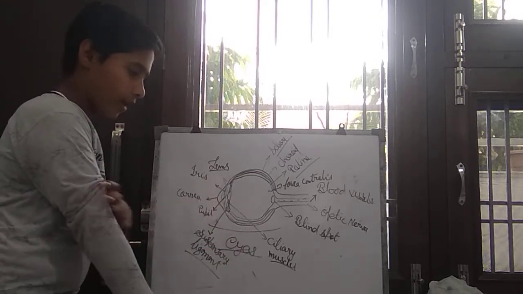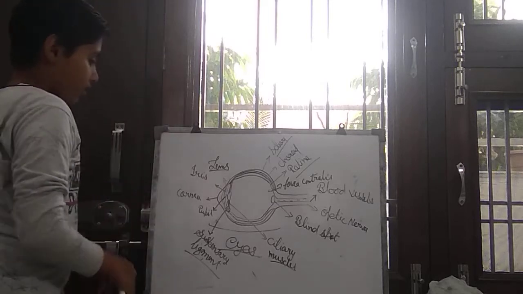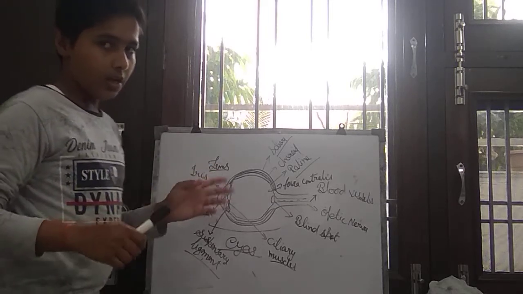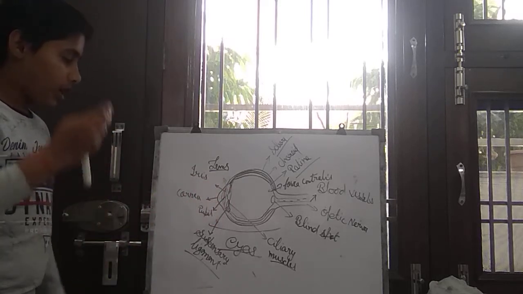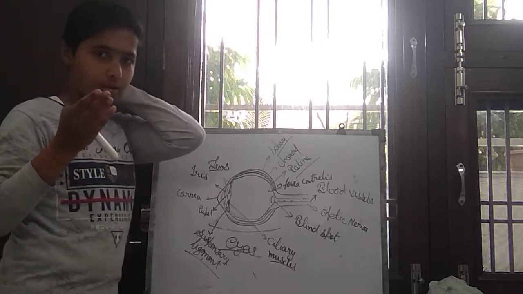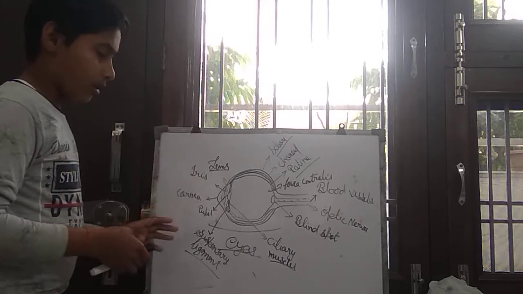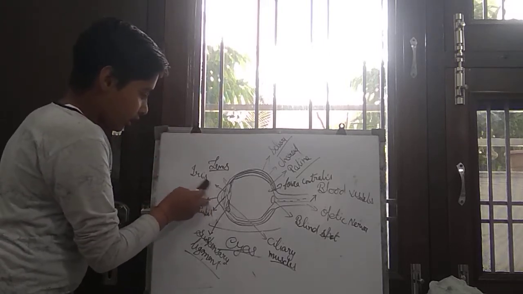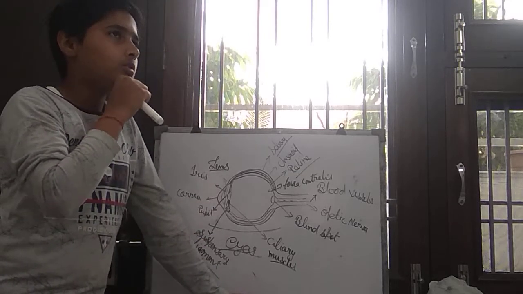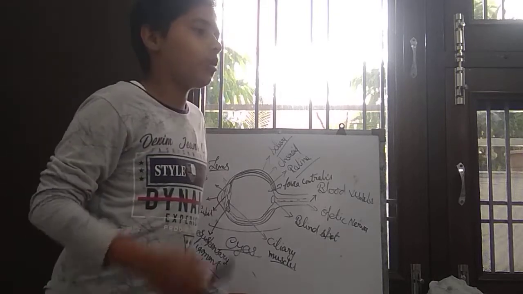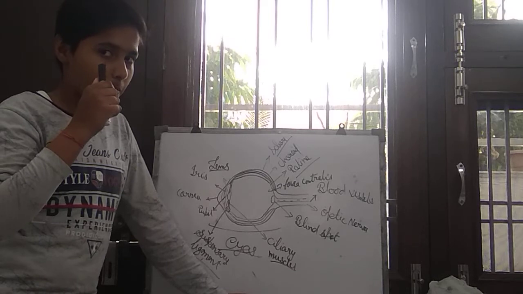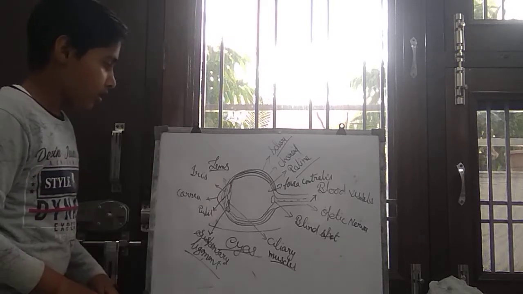Now see the work of every part. First, the cornea. This is the outer layer of the eye which protects us when something falls in our eye. After it, this is the iris. You must have seen that many people have green eyes.